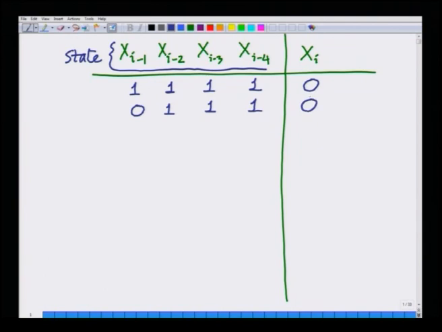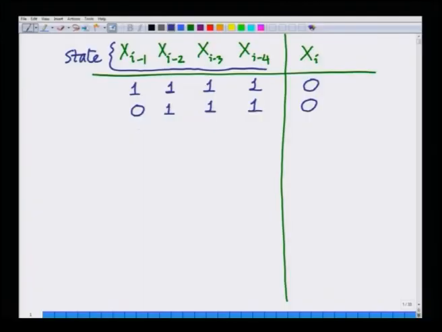Now we can continue the same process, that is xi becomes xi minus 1, xi minus 1 becomes xi minus 2, and so on. So this will become 0, this 0, this 1, this 1, and the xi for the next state is 0.